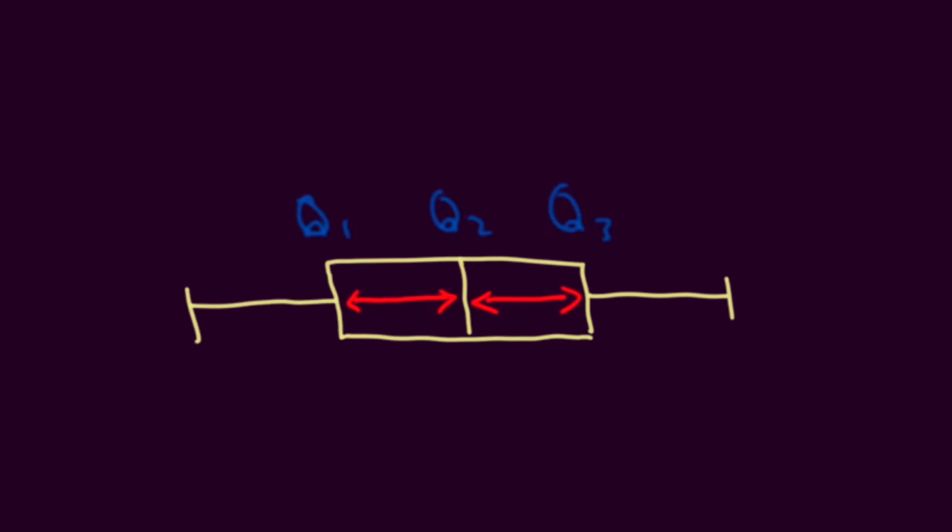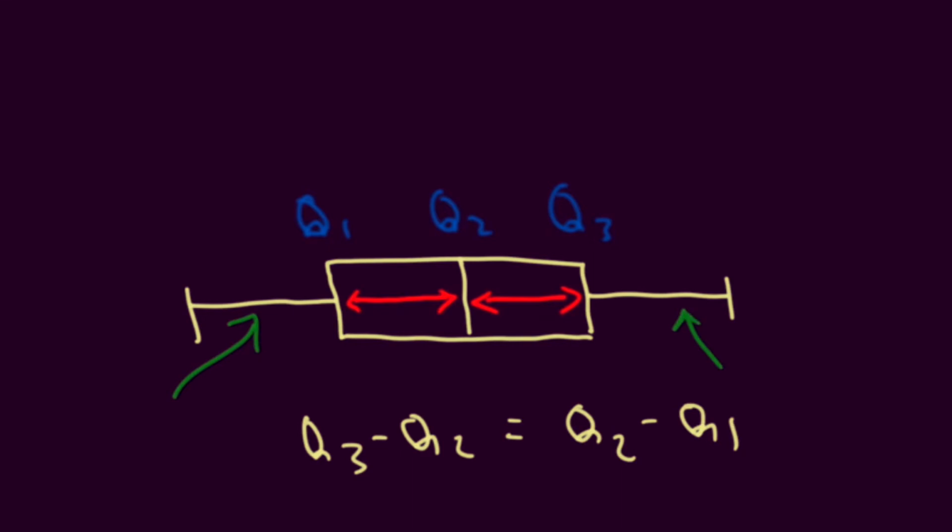Notice that Q2 minus Q1 is equal to Q3 minus Q2. The lengths are equal, so that represents a symmetrical distribution. Another thing is you can observe the left tail and the right tail are of equal length. So everything about the box plot is symmetrical.